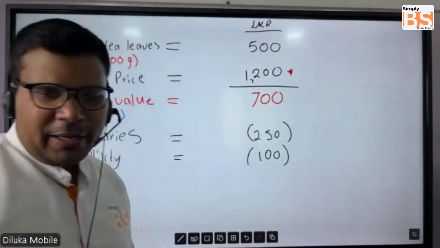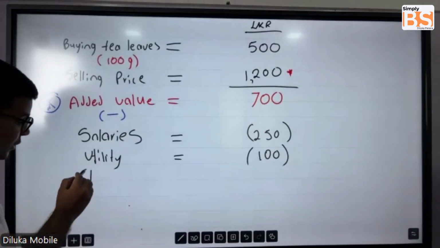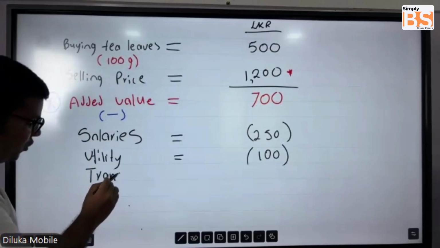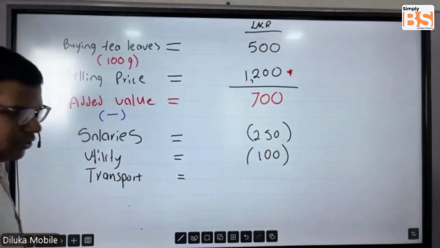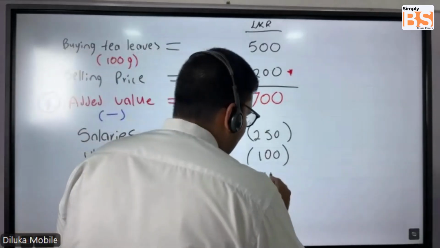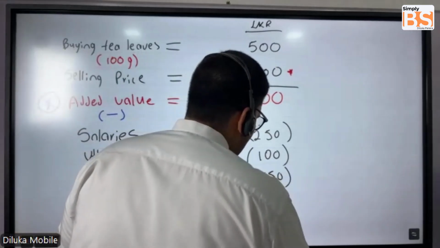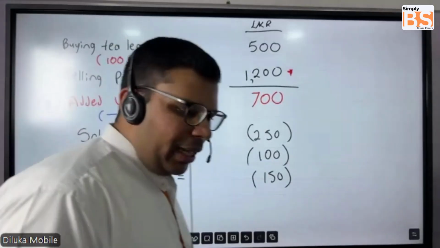Then let's say transport expenses, because you have to transport these finished goods to the market, right? Let's say 150.